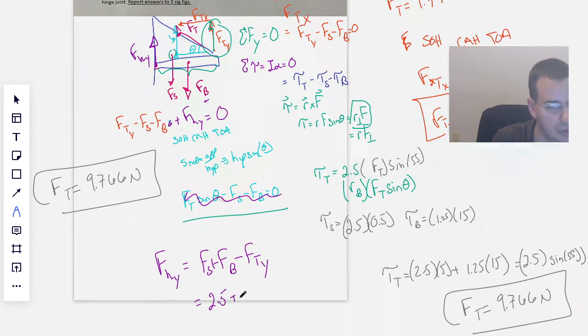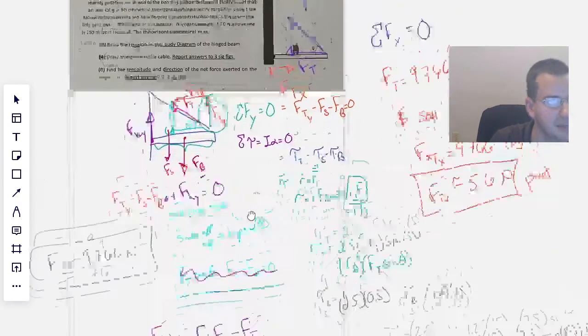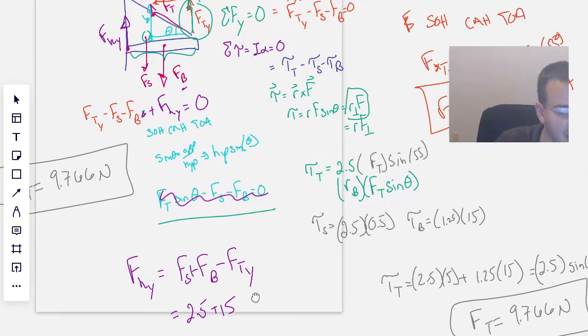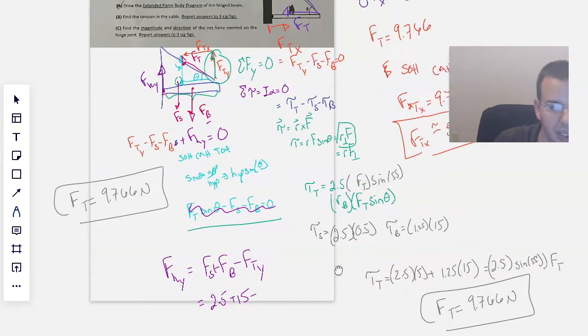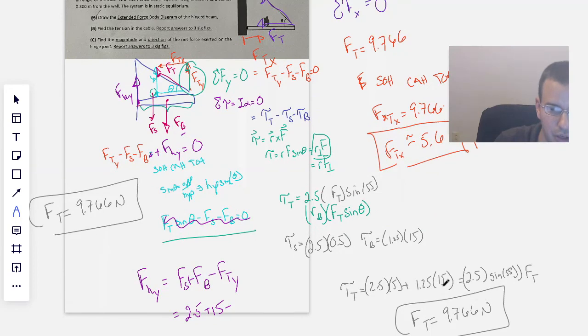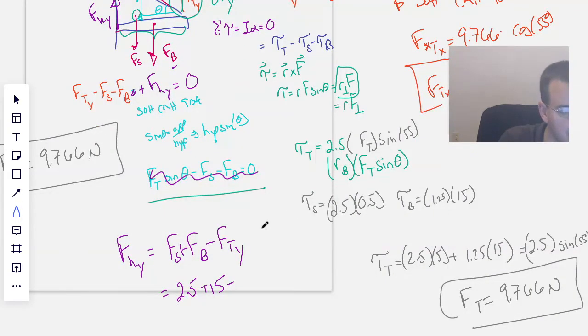Force of the beam, we know, is 15, because they gave it to us in the problem. And then minus force tension y, which we found earlier, is going to be force tension, which is 9.766, times the sine of theta, which is 55 degrees. We have all the information we should need for this one.